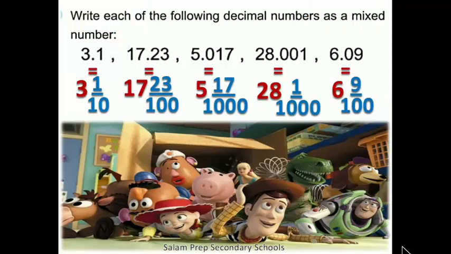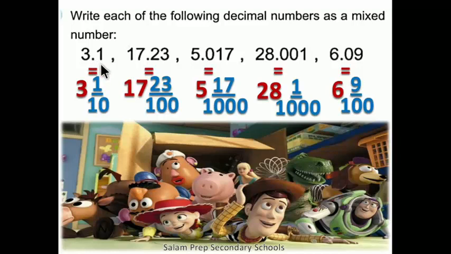Now we will do the steps together. 3.1. This is a decimal number. We want to write this decimal number in the form of a mixed number. Okay? First, write the whole number. The whole number is 3. We will write 3. We don't write the decimal point. After the decimal point, there is 1.